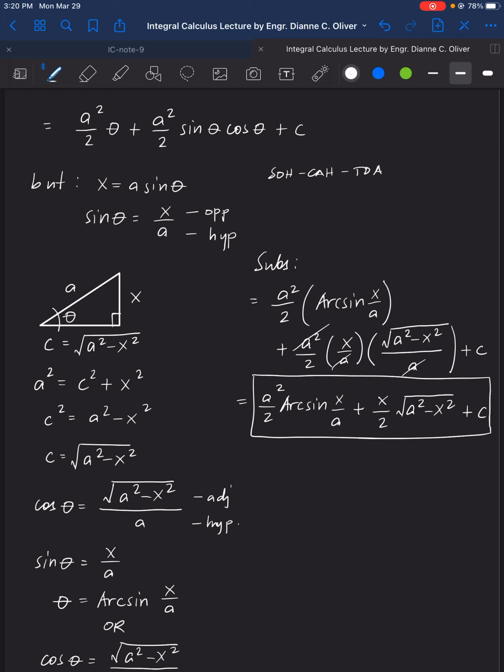A squared over 2 arc sine x over a plus x over 2 square root of a squared minus x squared plus c.